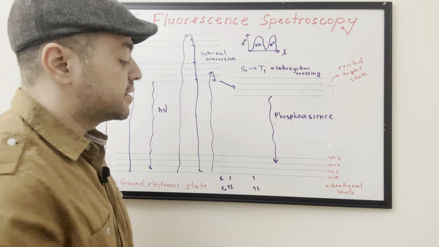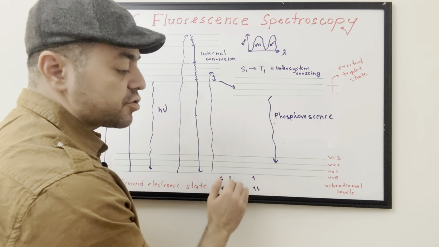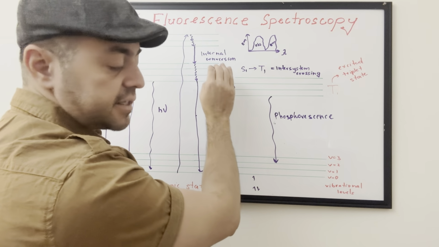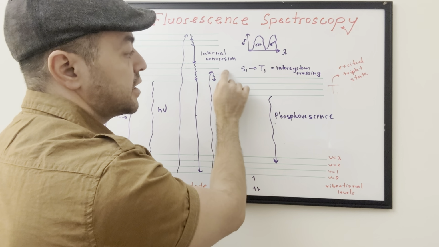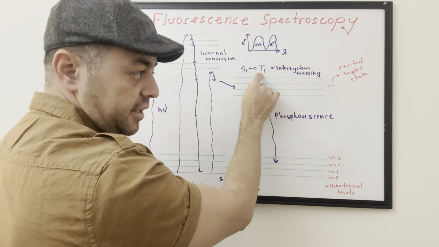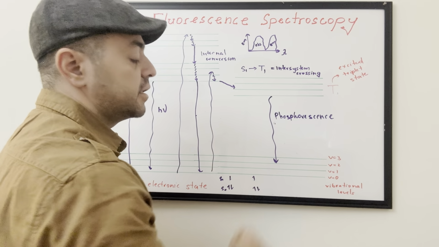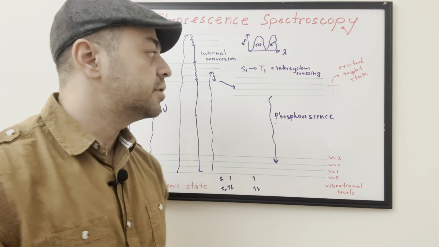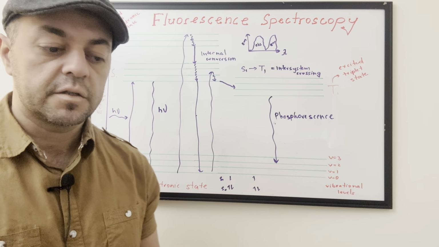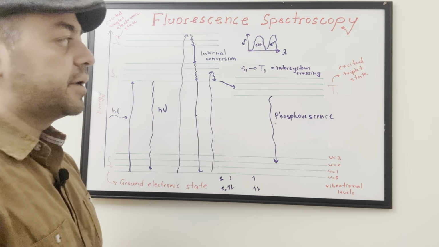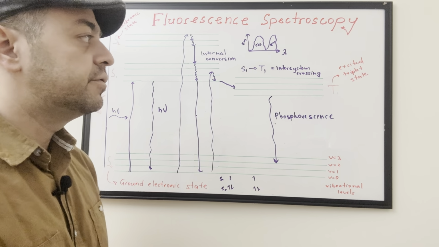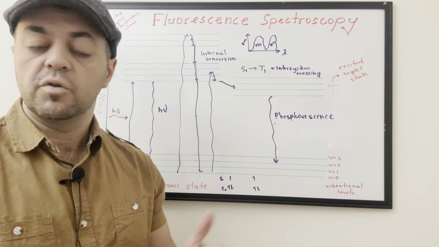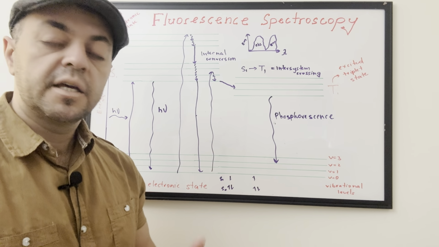But in phosphorescence, the electron goes from the ground state to the singlet excited state, then from the singlet excited state it goes to a triplet state, and then from the triplet state it goes down to the ground state, and that's what we call phosphorescence. So this is the basic visual explanation of a Jablonski diagram and how a molecule absorbs light and then emits it.